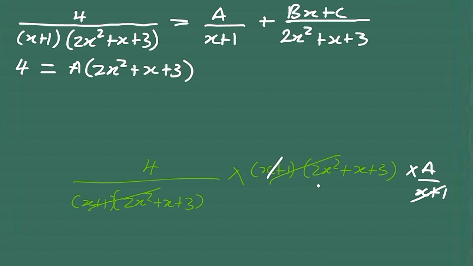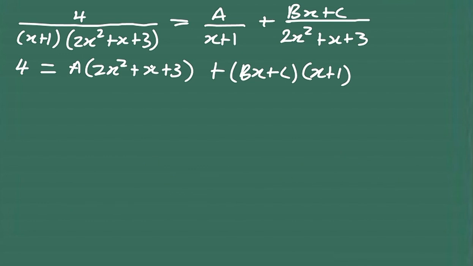And multiplying by bx plus c all over 2x squared plus x plus 3, this is gone, and we are left with bx plus c times x plus 1. So let's think of a value of x that can eliminate one of the terms. If x equals minus 1, this expression will be gone.